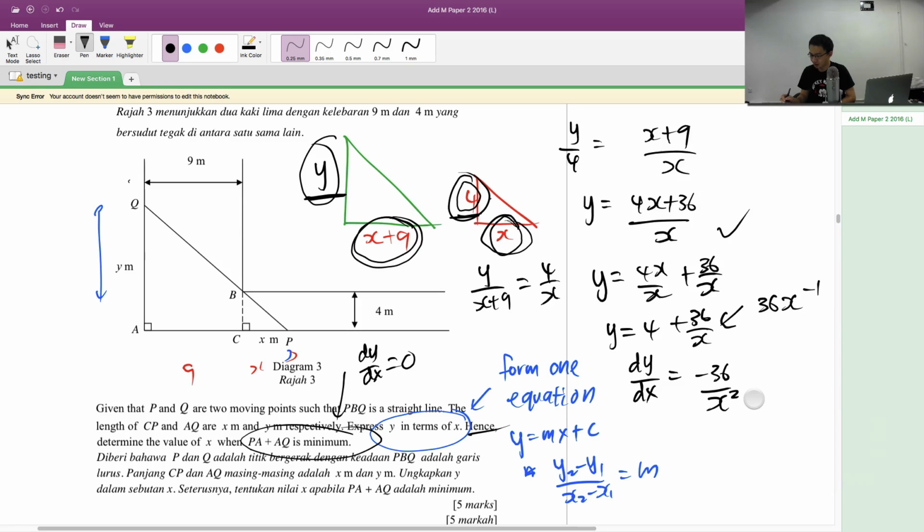So if this equals 0, I guess something is wrong.